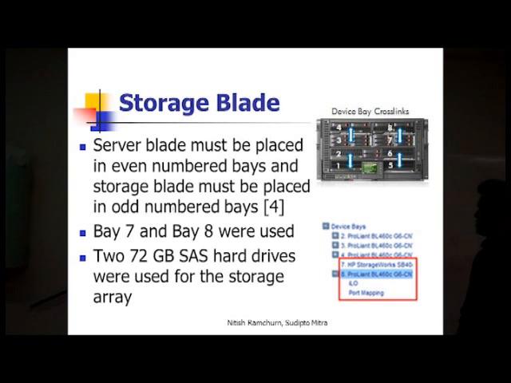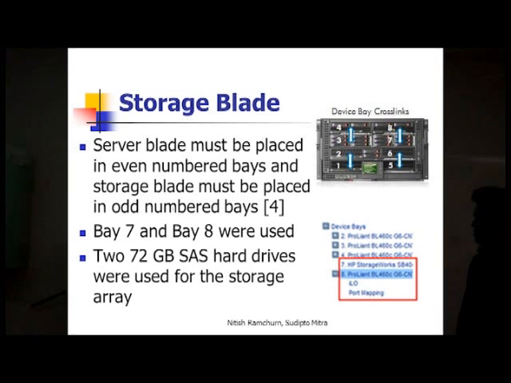If you want to install a storage blade, it has to be put in an odd numbered position, so you could use 1, 3, 5, or 7. And you could use 2, 4, 6, or 8 to place the blade server.